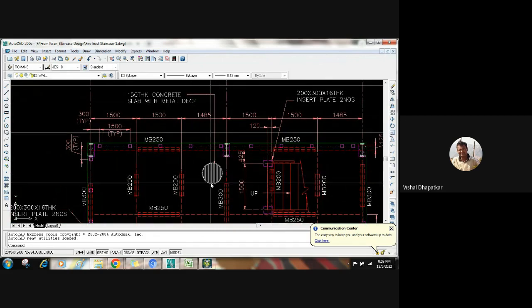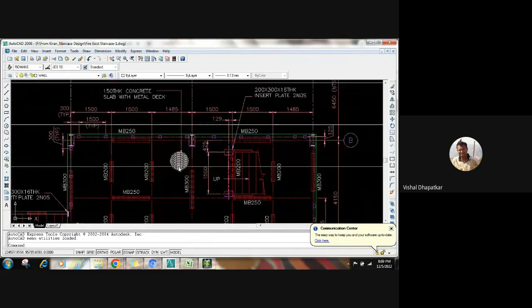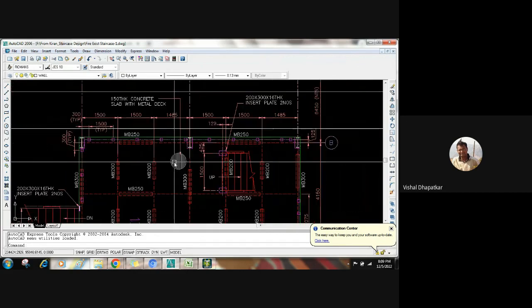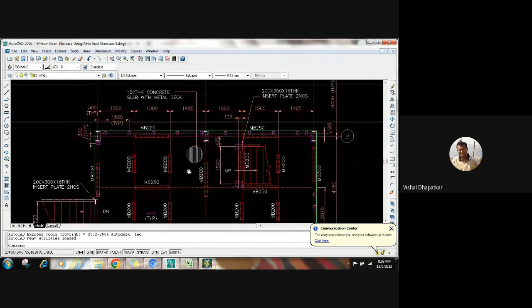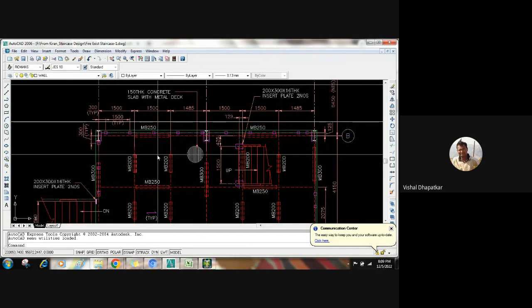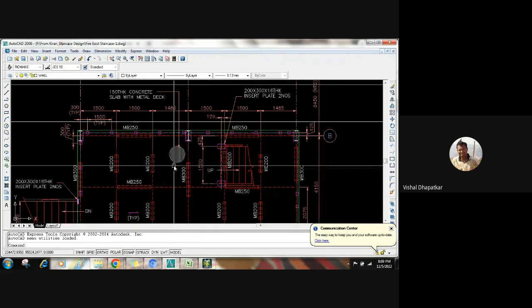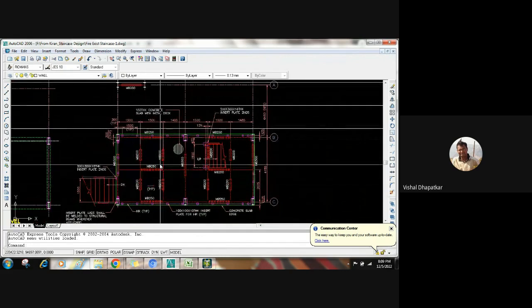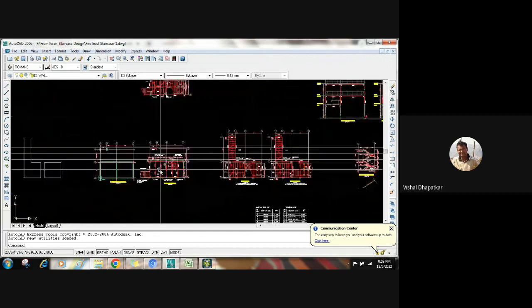The metal deck sheet will have some spanning. This is prepared by the manufacturer, and it has some spanning limitations. So it may span up to 1.5, 1.6 meter. So accordingly, you have to place the beam at that spacing, and then you can put a concrete slab over it.